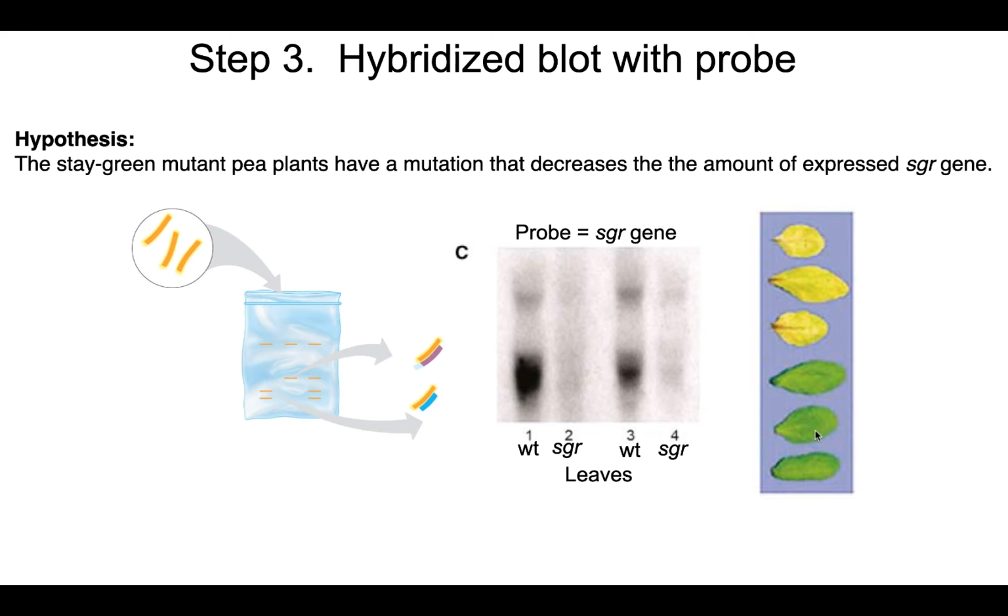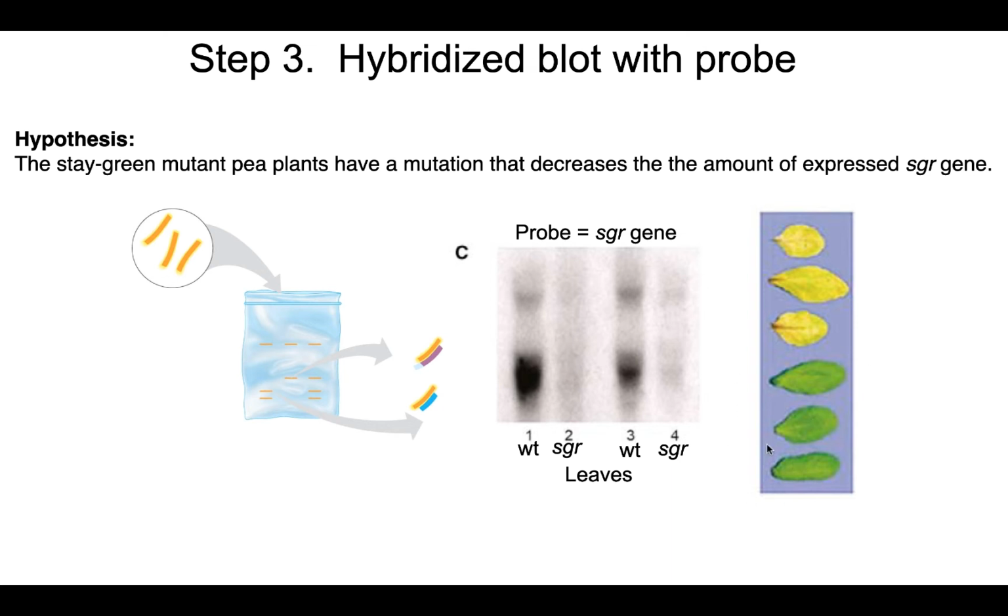The hypothesis was that the reason is because these leaves lack a particular messenger RNA that encodes an enzyme that breaks down chlorophyll. So they should see that messenger RNA here in the wild type leaves, but not here in these mutant leaves.